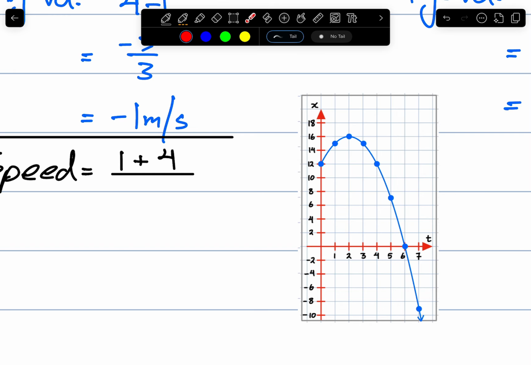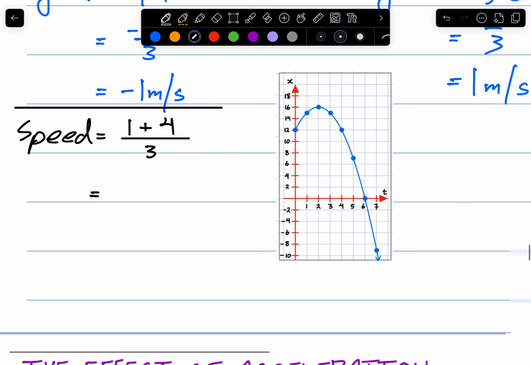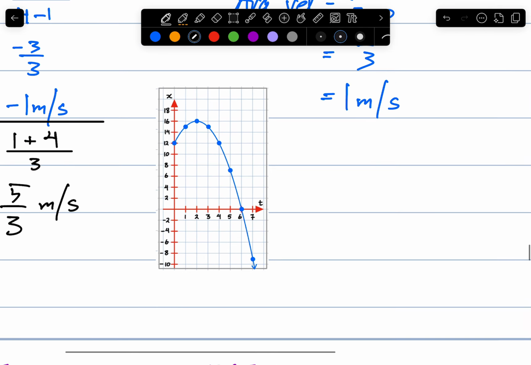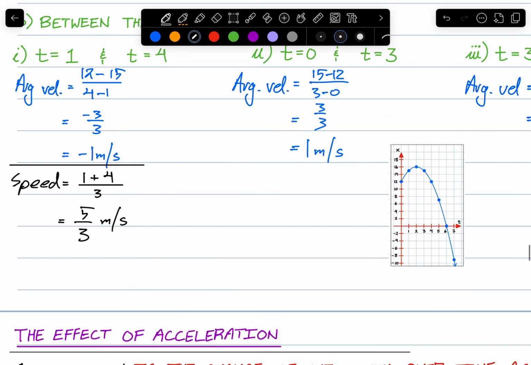And the amount of time there, it went from 1 to 4, that is 3 seconds. So 1 plus 4 is 5 on 3 meters per second. So I hope you're really seeing this concept of speed going up to a turning point and then back down to whatever point that we're looking for.